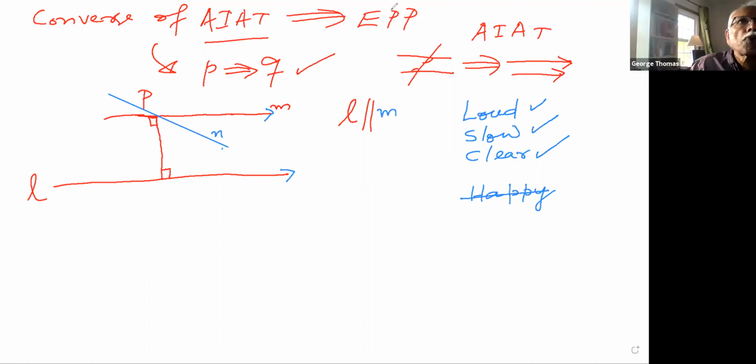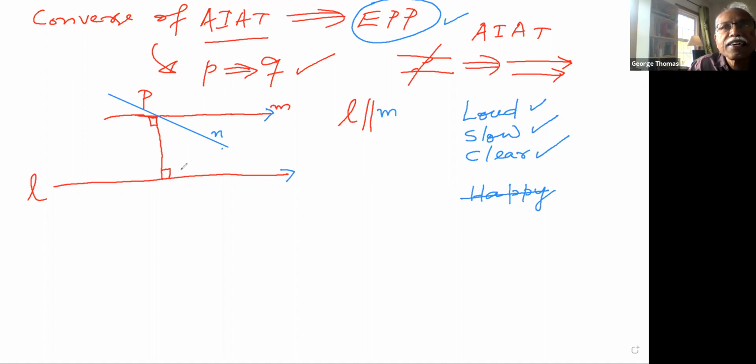We are trying to prove EPP. That means, that's a good question, Anushka. It's always good to know what you want to do, isn't it? What do we want to do? We want to prove this. We want to show that a point not on a line admits only one parallel to the given line.